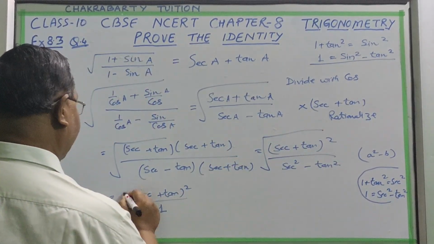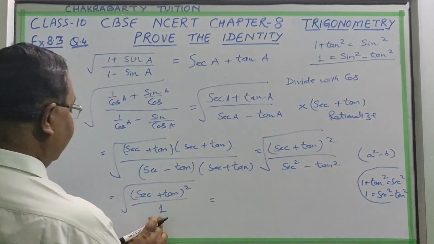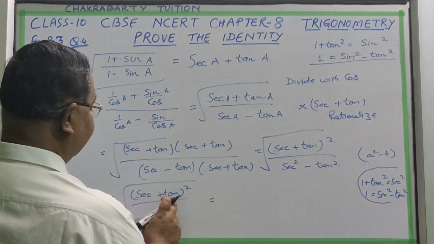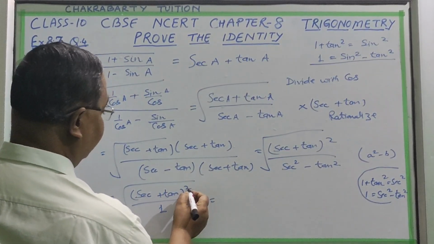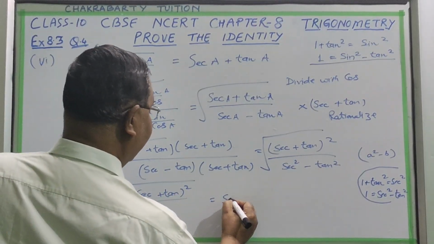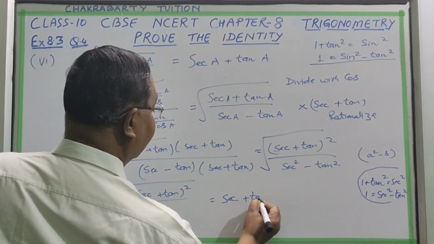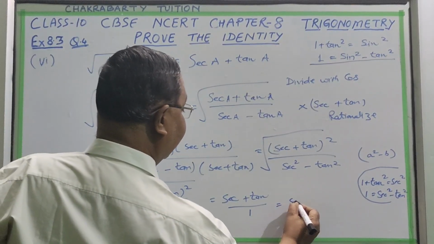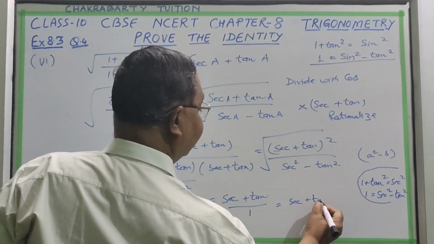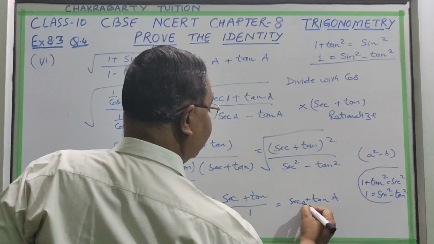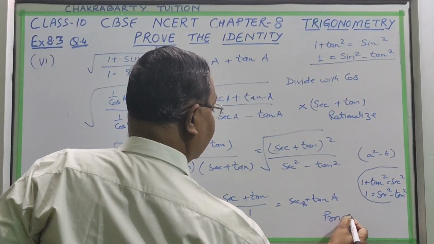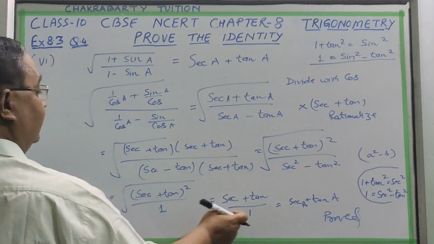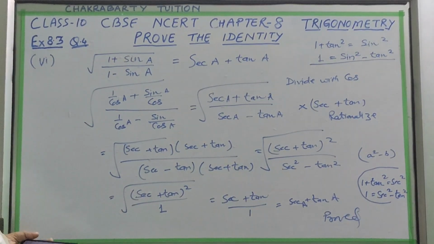So 1 under root goes out, and the root of sec plus tan square will remain as sec plus tan. So sec plus tan upon 1 is equal to sec plus tan, and it is proved. In this way we can prove that this is equal to this one. Now we will go to question number 7.